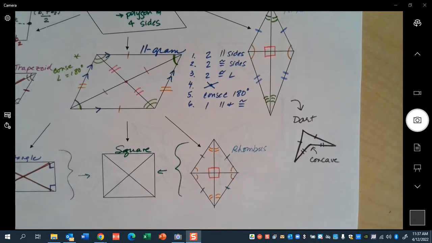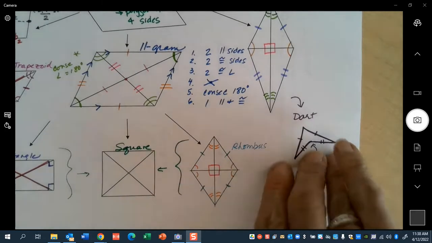So if it's a quadrilateral that's concave, we can call it a dart. And if it happens to have consecutive congruent sides, then we can call it a concave kite. Sound okay?